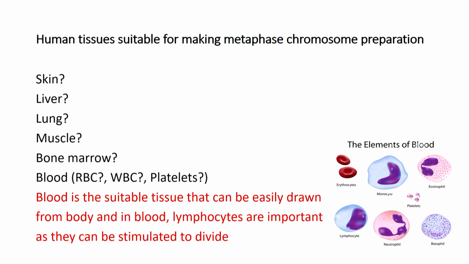Among the WBC, the lymphocytes are specifically important, because they can be made to divide if we want to. Otherwise, in the blood, they are not dividing. But if they interact with antigen, let us imagine some kind of infection comes, and if they interact with the infection, then they start dividing, making more number of cells and producing antibodies and so on.